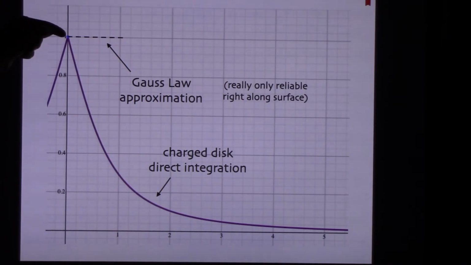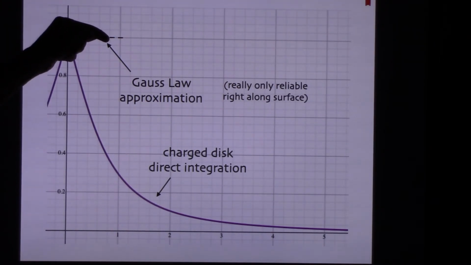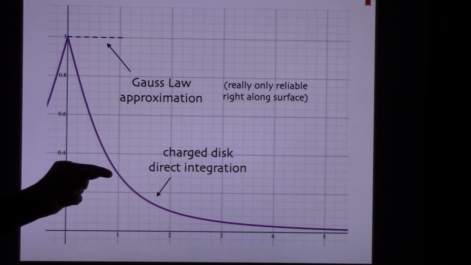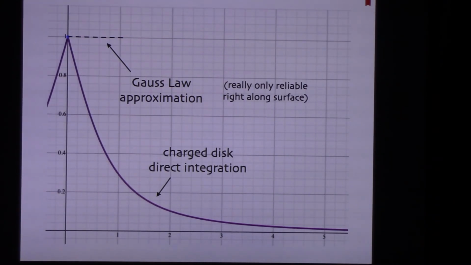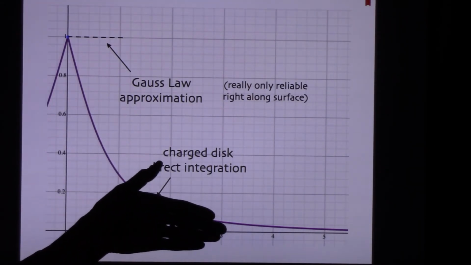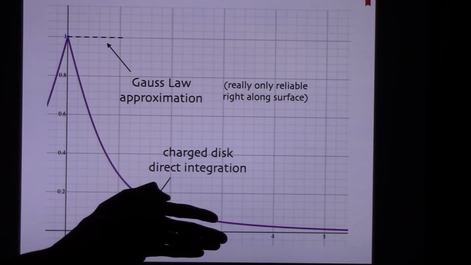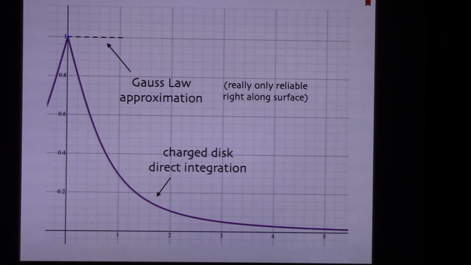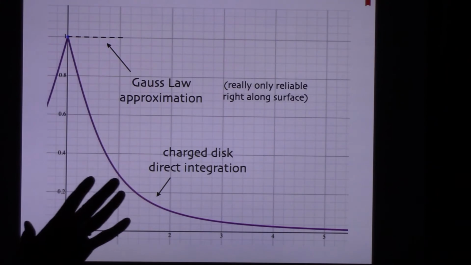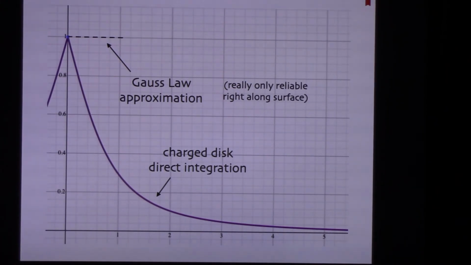If we say the value at the surface is 2 pi k sigma, now we're down to just 30% of 2 pi k sigma. That's a pretty significant drop off. If I move away just 5 centimeters from a 10 centimeter diameter disk, the E field has already dropped to 30% of the surface value. So it's starting to feel more like a point charge than an infinite sheet of charge.